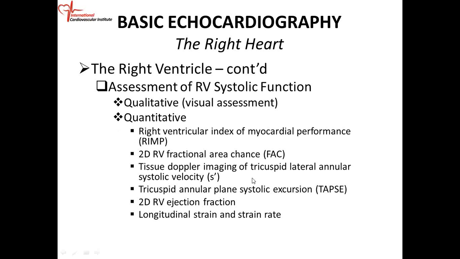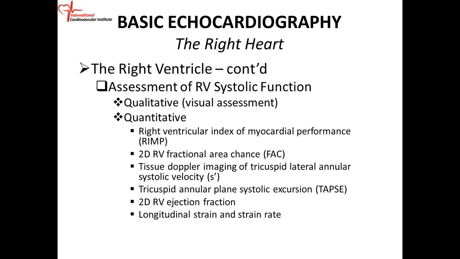So these are the other things that you guys are more familiar with. You can do your systolic velocity of the RV, and this is what we call the tissue Doppler imaging of the tricuspid lateral annular velocity. So you get your apical four-chamber view, you get the lateral tricuspid annular plane, and you put your cursor right at the lateral.